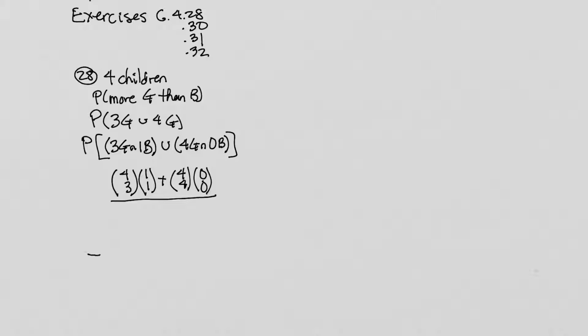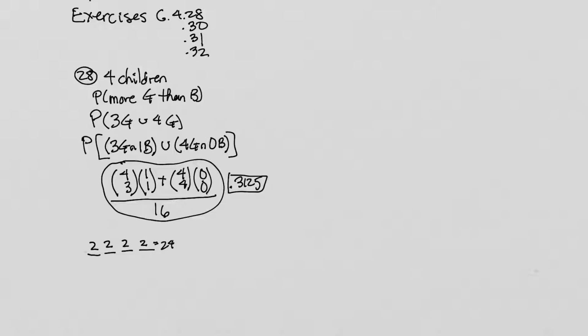We could get 2 choices here, boy or girl, 2 here, and 2 here, and 2 here. So all in all, we're going to have 2 to the 4th, or 16. When I computed this, I got 0.3125 as a 4-place decimal.